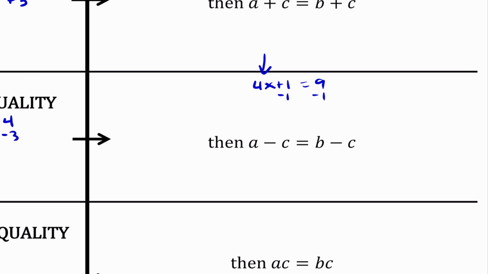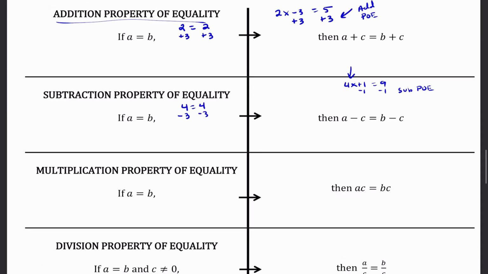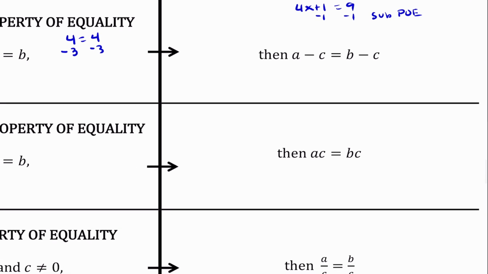And that minusing 1 on both sides is essentially the subtraction property of equality. That's the reason there. The multiplication property of equality states that if A is equal to B, then AC is equal to BC. And my example would be like, okay, I got 1/2 x equals 4. To get x by itself, I need to get rid of the number that's in the denominator.